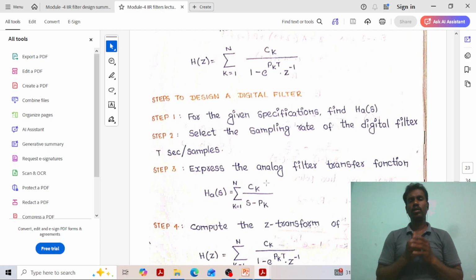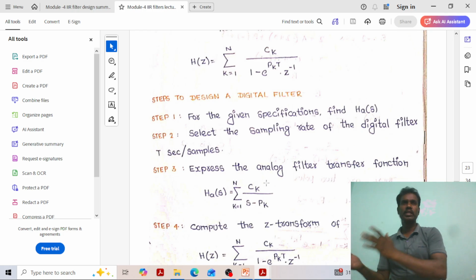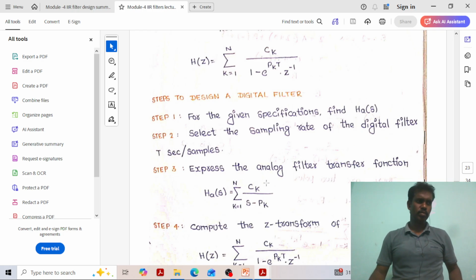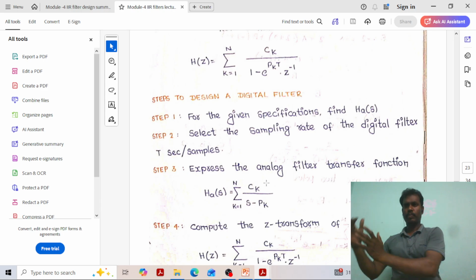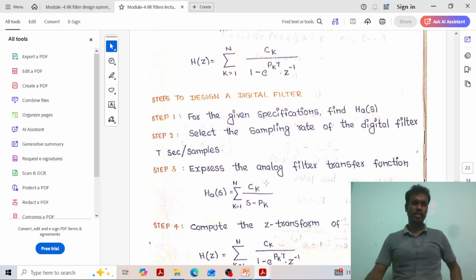When we are converting the analog transfer function to the digital transfer function, frequencies that are separated by 2 pi in analog are mapped into one pole in the digital domain. The frequencies separated by a distance of 2 pi on the analog frequency scale are all mapped into one pole in the z domain.